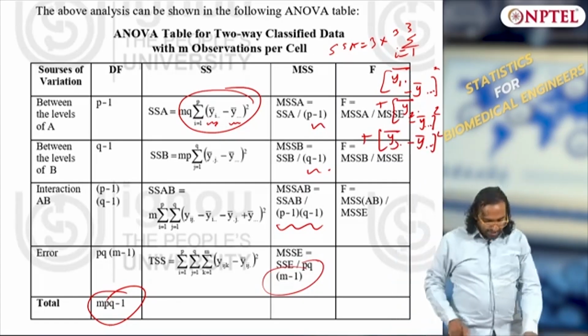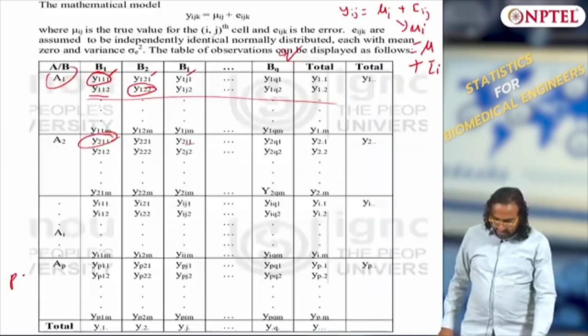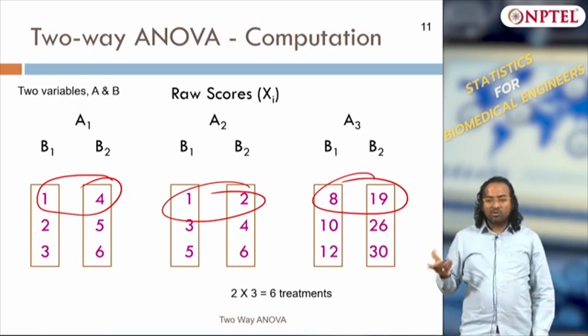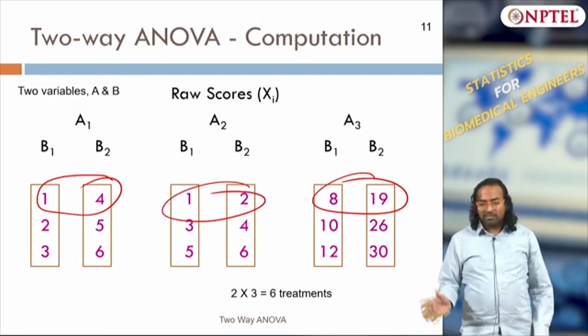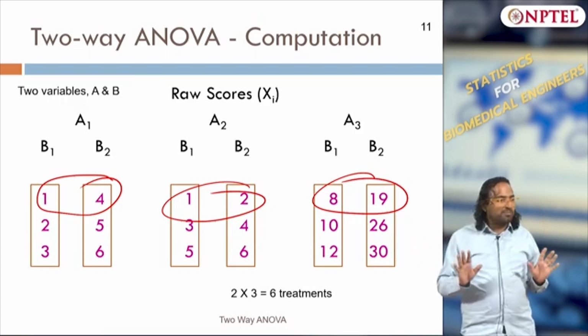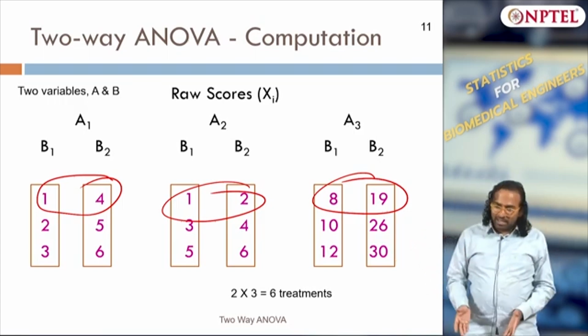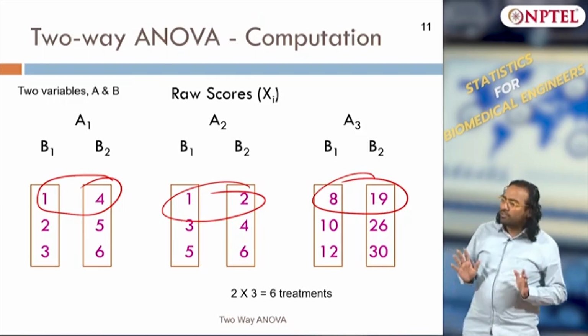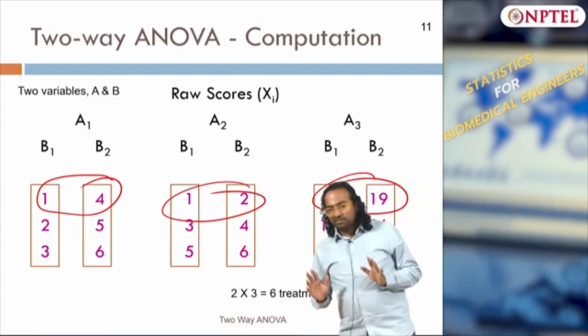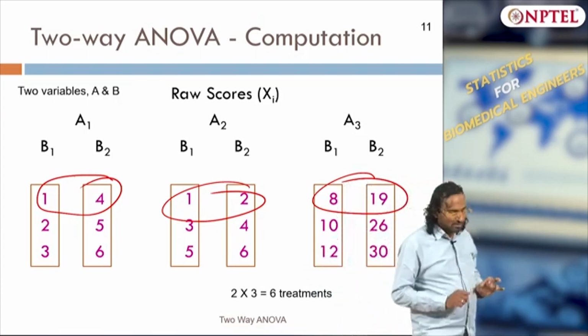Remember there are 3 rows in this data, 3 row sums you have to take, subtract the grand mean and square. You do not need any simplification formula to remember, you can directly use the formula we have derived. Clear? This is what sum squared A is, okay.